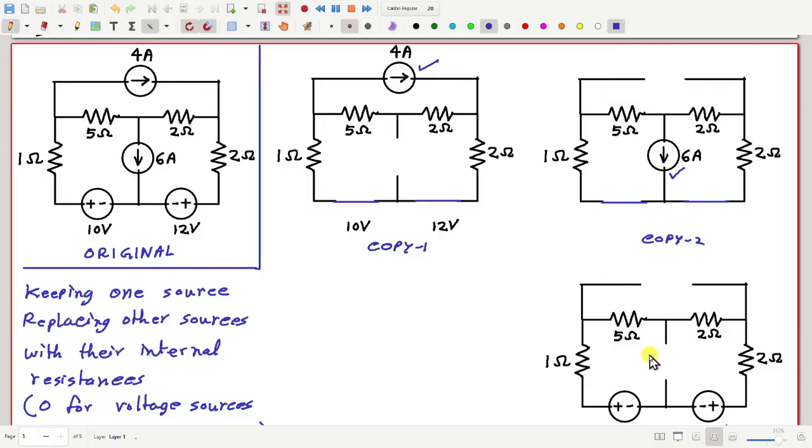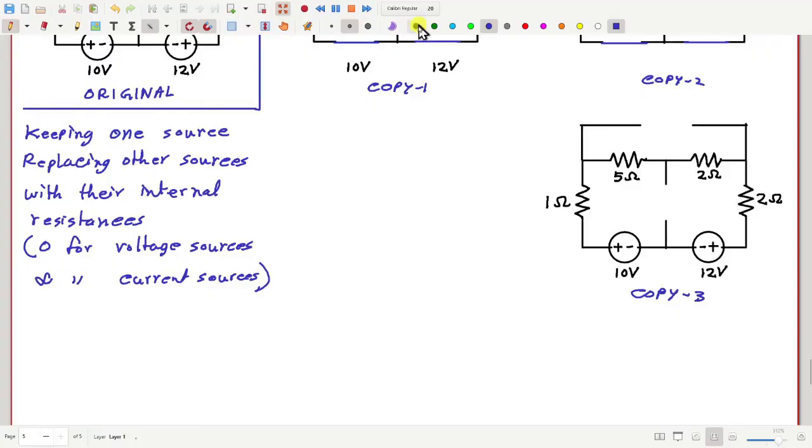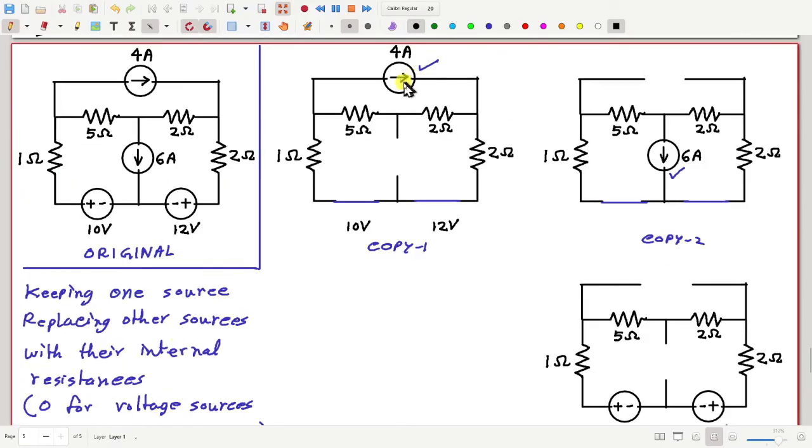They are kept in exactly one circuit, and in all other circuits they are replaced by their internal resistances. So use all sources exactly once, not more than once, not less than once. This current source is present once, this current source is also present once, and these 2 voltage sources are also present once, although together, no problem.